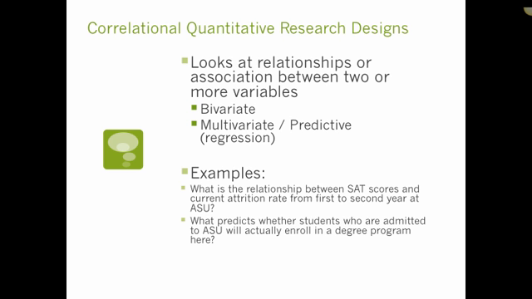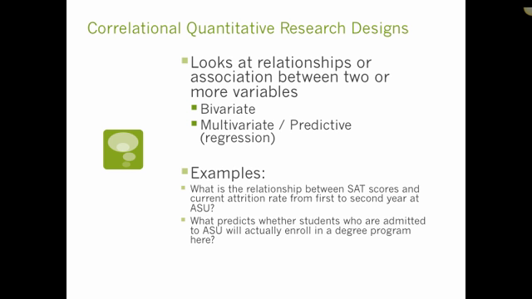You could calculate what's called a correlation, a correlation statistic, to look at that relationship. I'll talk a little bit more about what correlations are and how to calculate them in another presentation, but it's just important to know that correlational research designs look at relationships between variables.